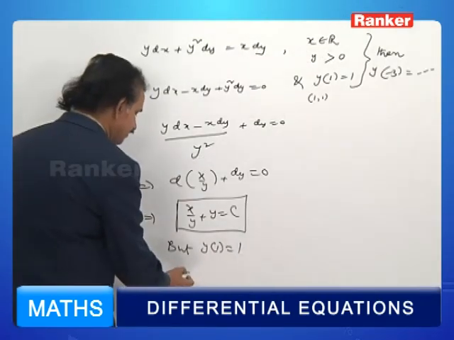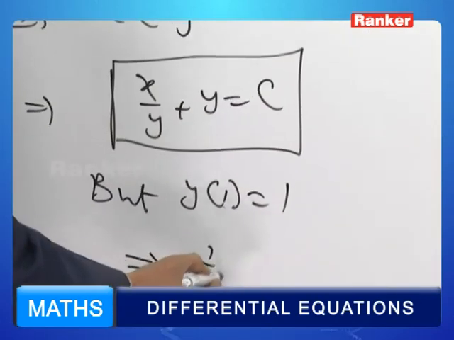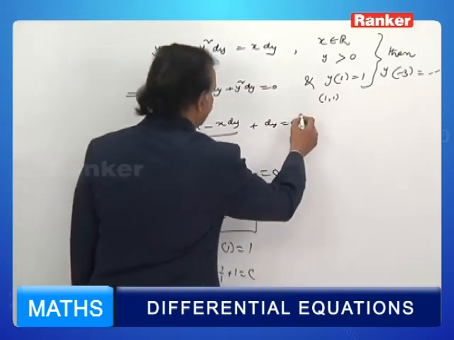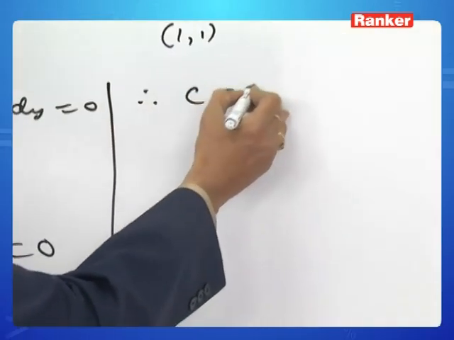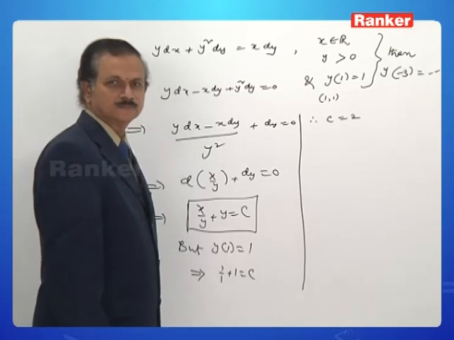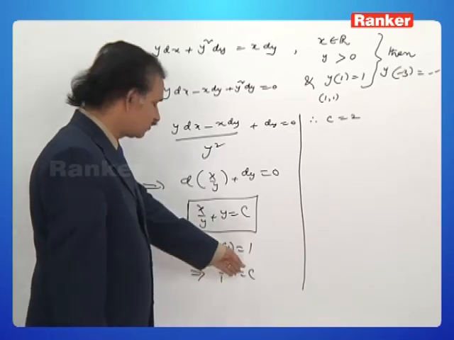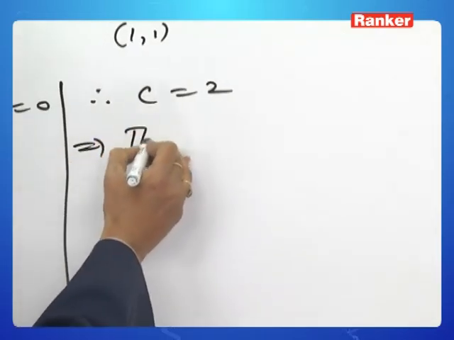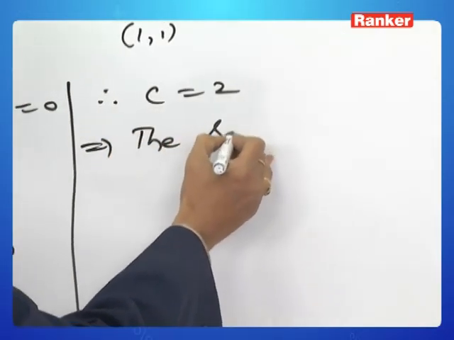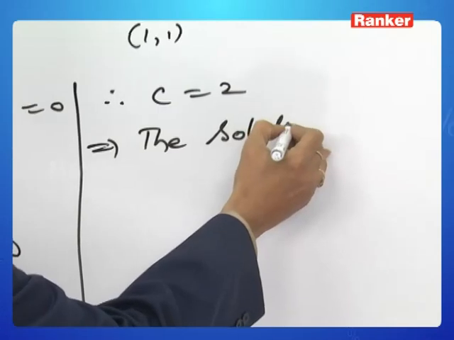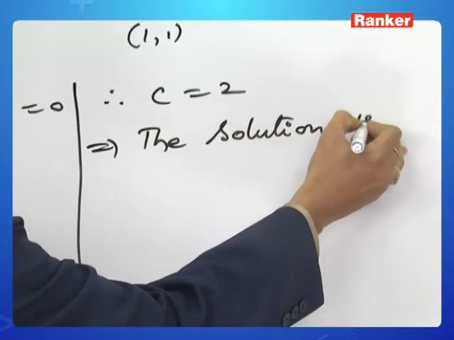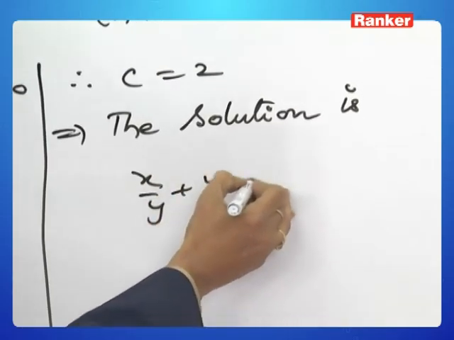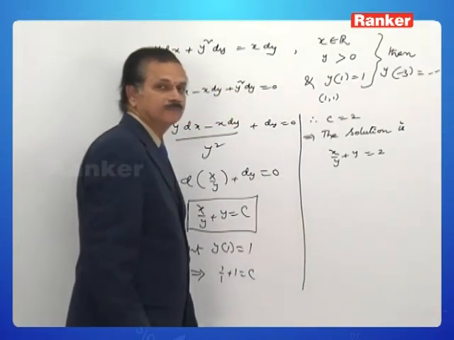What do you mean by that? 1 by 1 plus 1 is equal to c. Therefore, c is equal to 2. The general solution is x by y plus y is equal to 2.